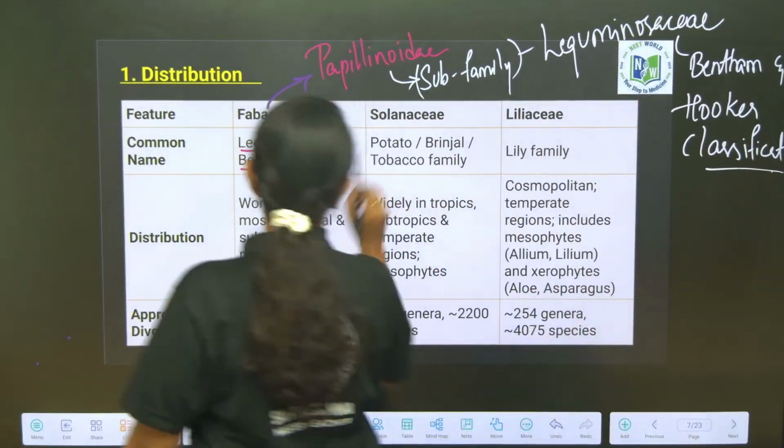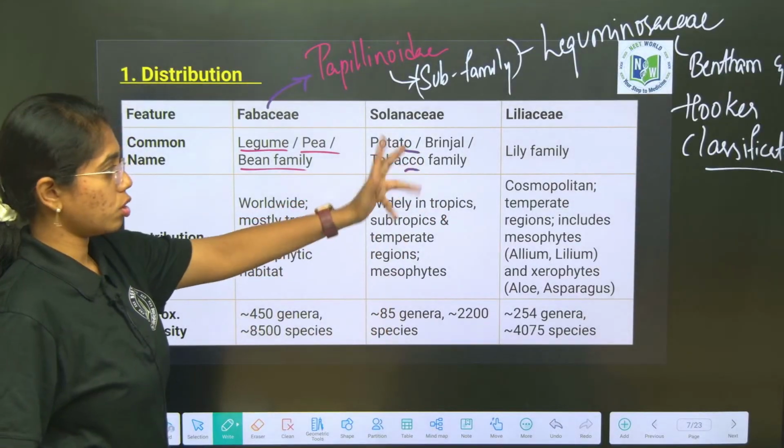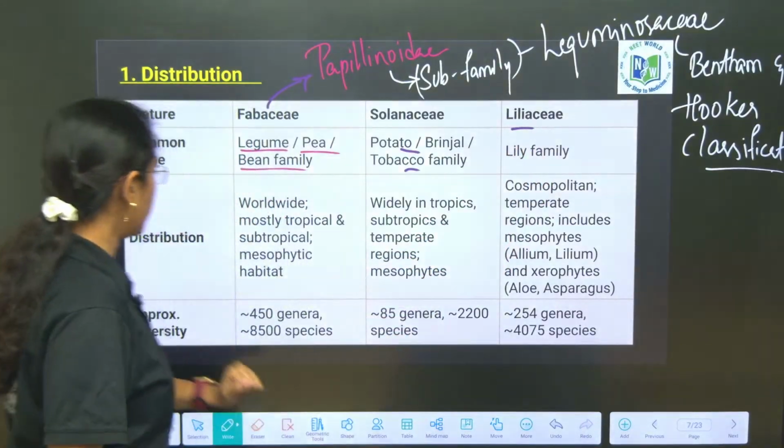Next, Solanaceae is commonly known as the potato, brinjal and tobacco family. Liliaceae is commonly known as the lily family.